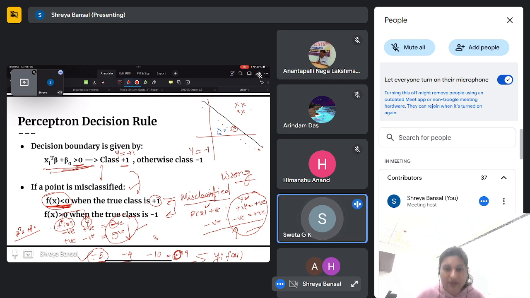Yes, ma'am, that's what I mean. So to make it classified, we are adding a negative in the equation. Yes, because we want to minimize the value, right? We want to minimize misclassification. So the lower the value of this negative thing is, the better the hyperplane we are getting. Yes, ma'am, got it.